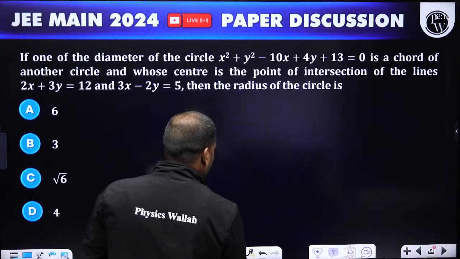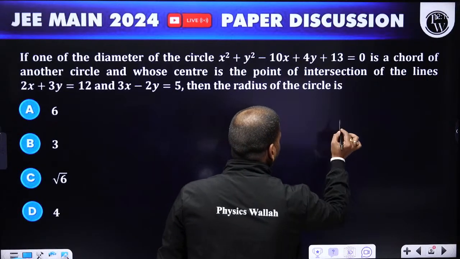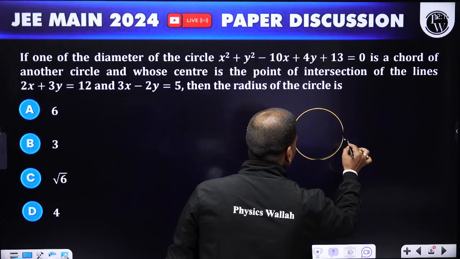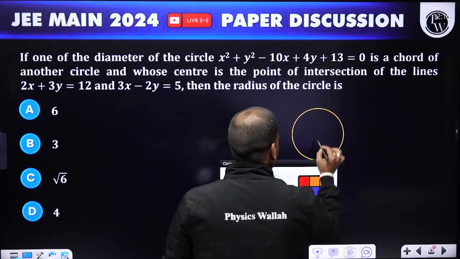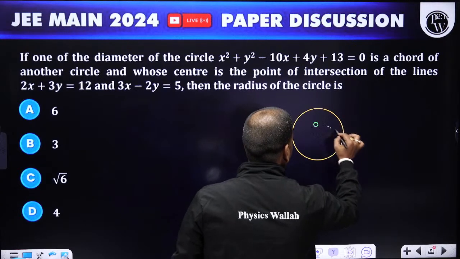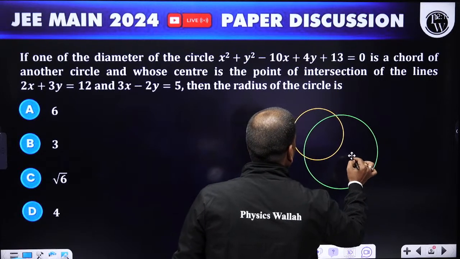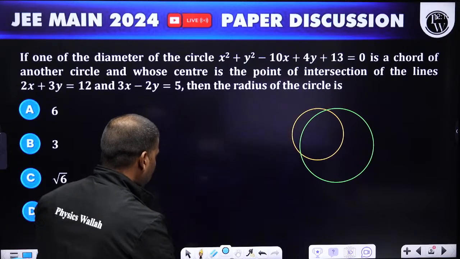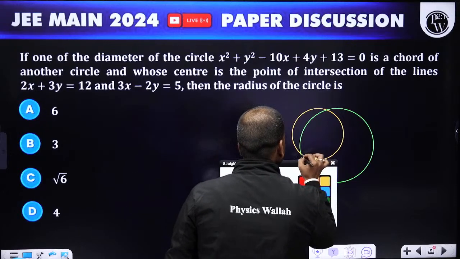So what have they given? They have given 2 circles. That is one circle, and the second circle is this one, right?